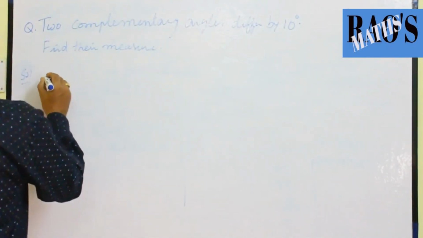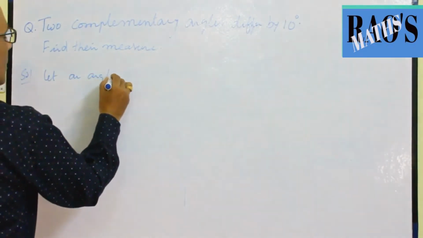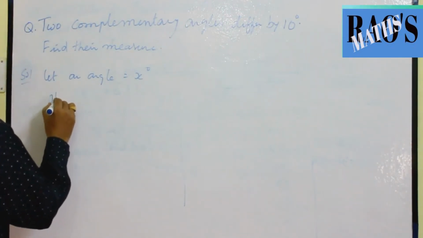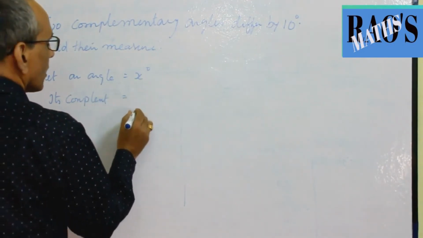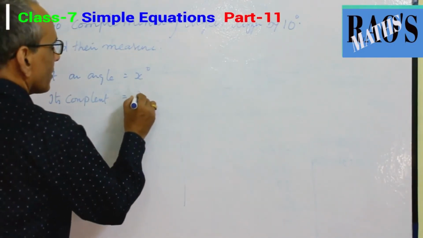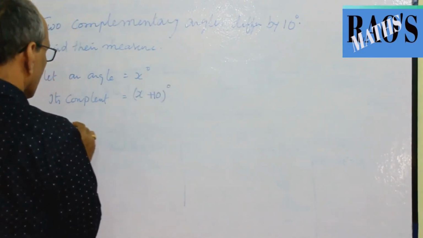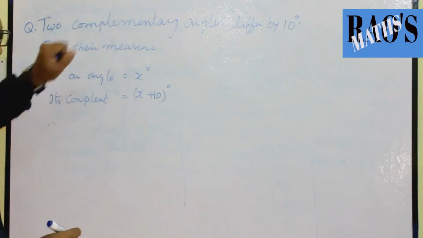Here I define, let an angle be x degrees, therefore its complement, as I said already, you may take x minus 10 or x plus 10 also. I take x plus 10 as its complement. So the sum of these two is 90 degrees because they are complementary.